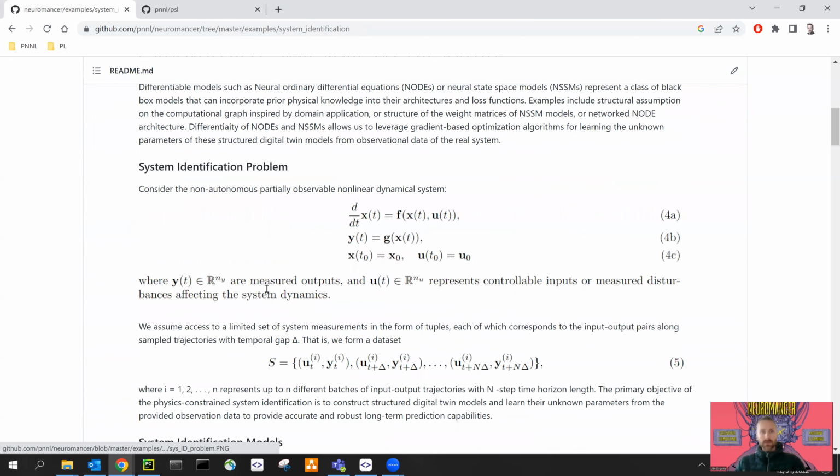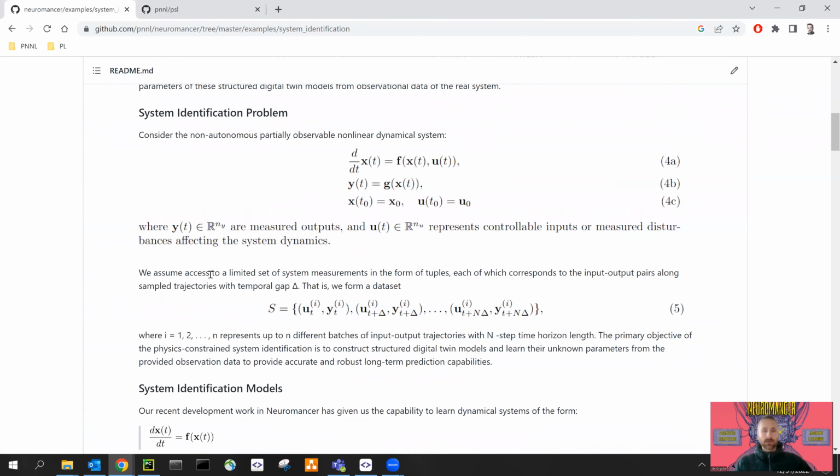When we are dealing with dynamic systems, we typically assume some system that is changing with time, and it can be formally defined as this non-autonomous, partially observable, nonlinear dynamic system given by some differential equation f that is mapping your state space into the derivatives.